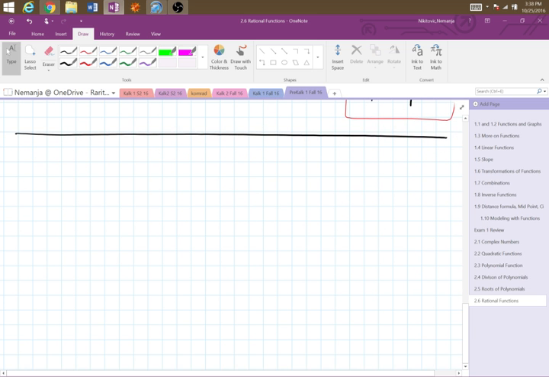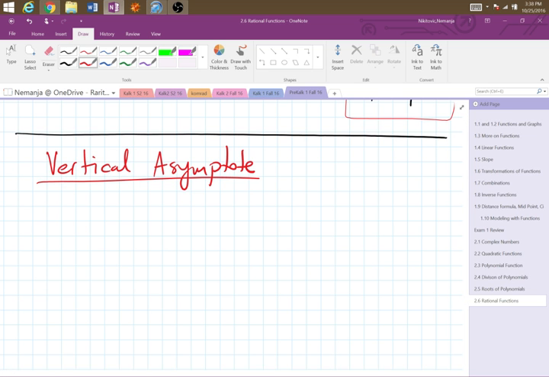So let's start with the vertical asymptote first. So definition.